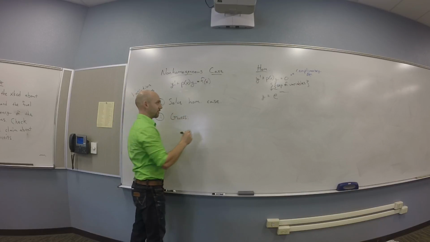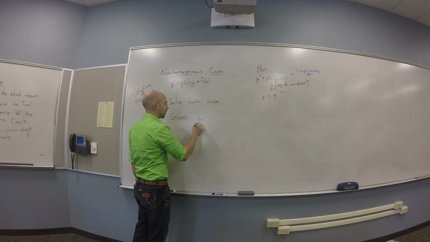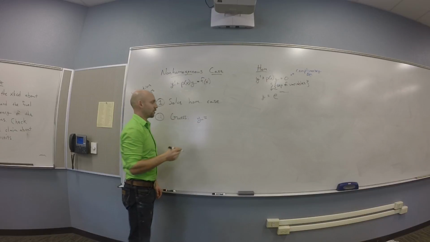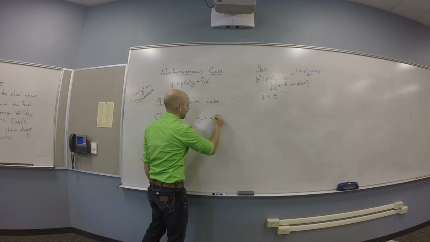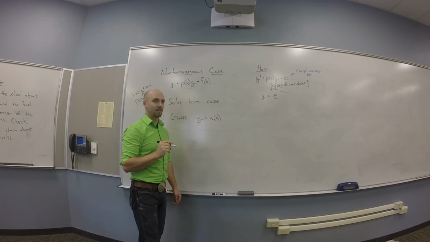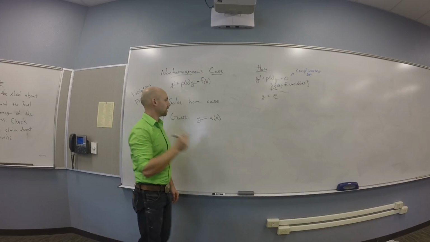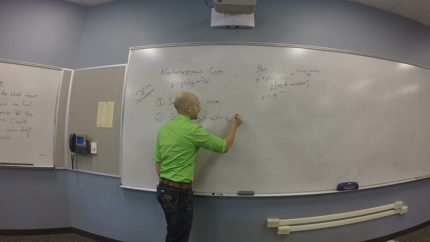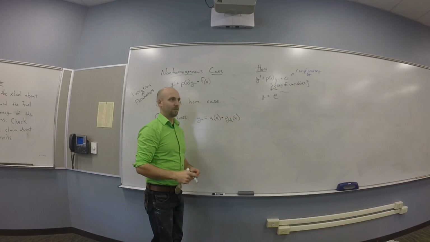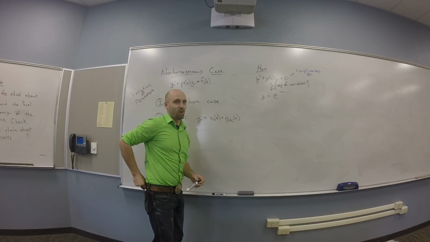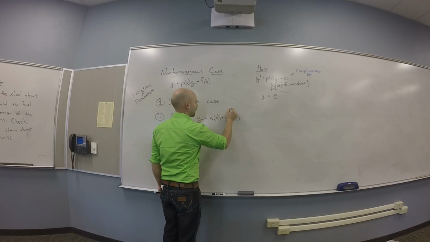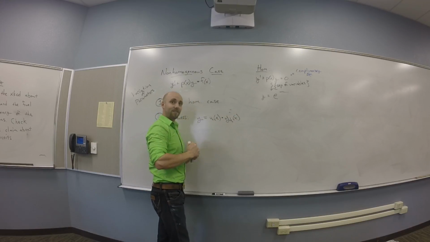that our solution looks like y is some function I don't know about. I'm going to call it u of x, multiplied by y h of x, where yh is what? Why would I call it y sub h?